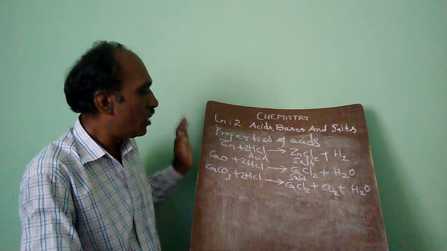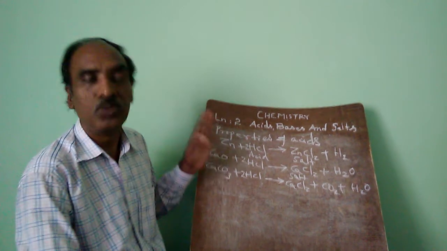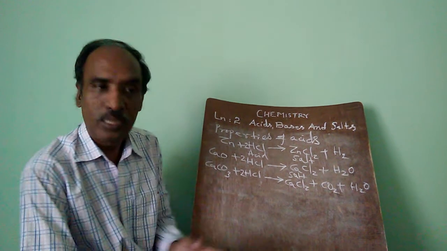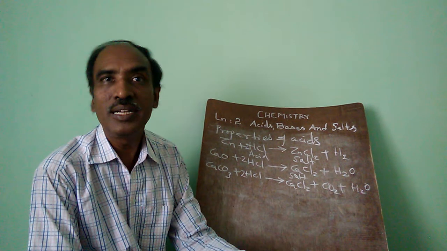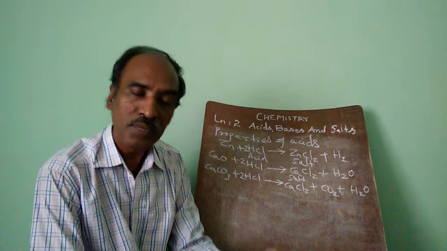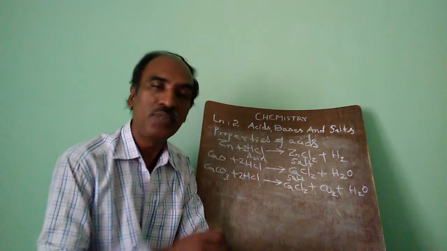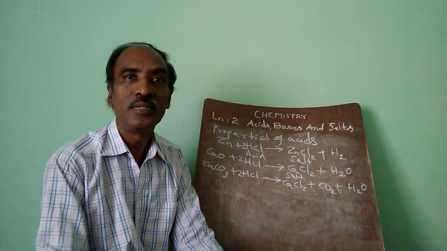Clear up to this? Now one more important property of acids. Already you know that all acids contain hydrogen ion concentration. If the acid is dissolved in water, it releases hydrogen ions. If the acid releases hydrogen ions very quickly, it is called a strong acid.